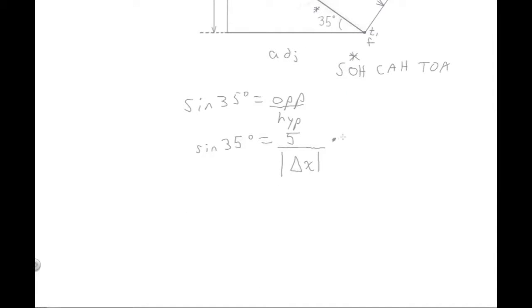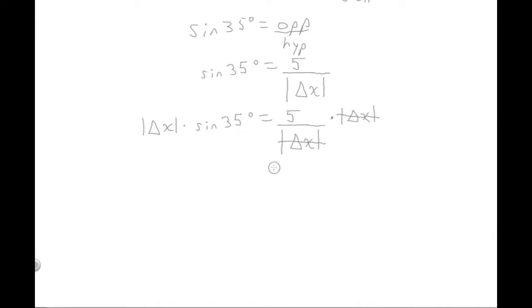I'm going to multiply this side of the equation by the magnitude of delta x to get rid of this denominator. Now, of course, it's only legal to multiply the right side of the equation by delta x if we're also careful to multiply the left side by delta x. Let's actually make that a little bit clearer. All right, I'll write that as a separate line so that the math is as clear as possible.